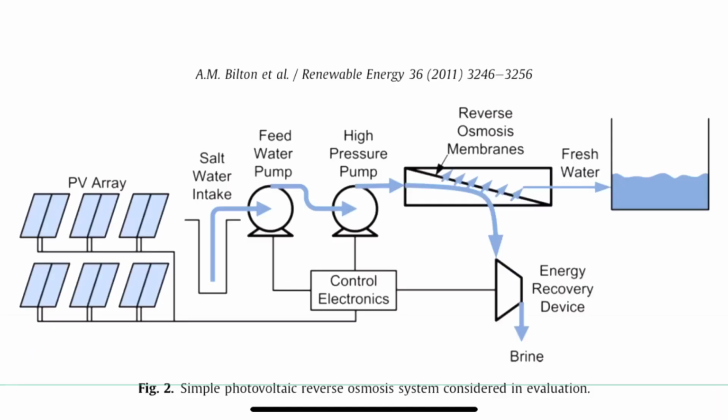As we can see in this system, the energy source is the photovoltaic-powered system. It powers a feed pump and a high-pressure pump to pressurize the incoming water. The water is driven through the reverse osmosis membrane array by the high pressure produced by the pumps, leaving high salt concentration brine on one side and low salt concentration water on the other side.